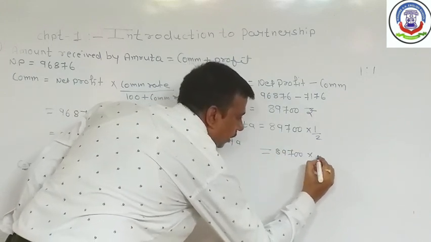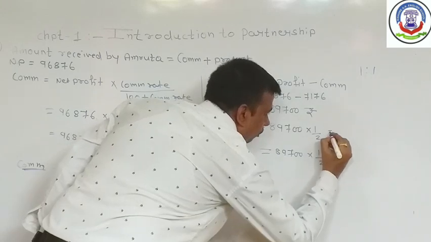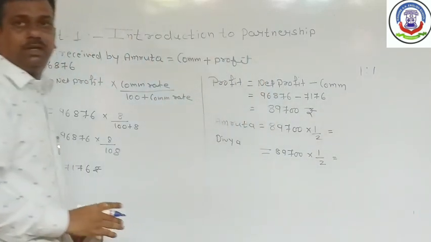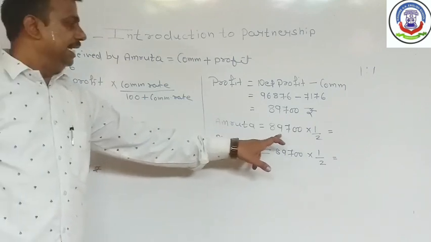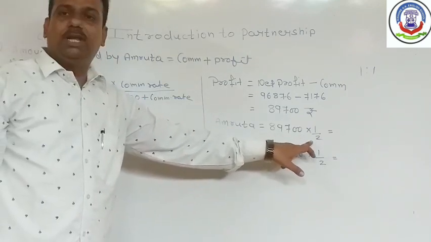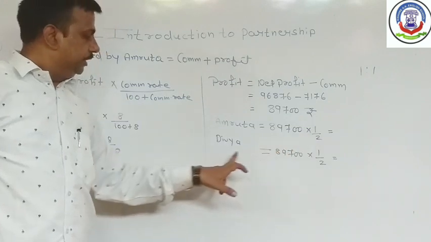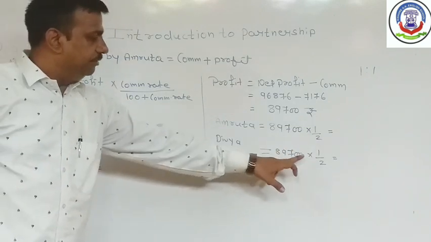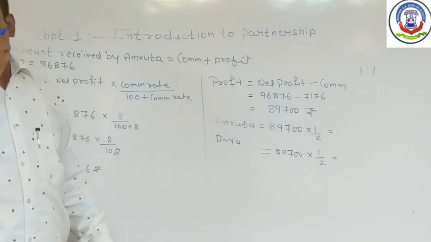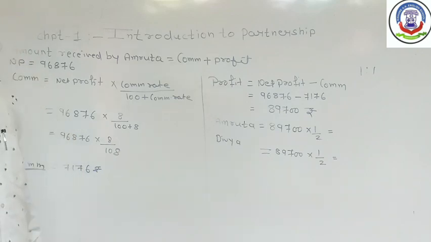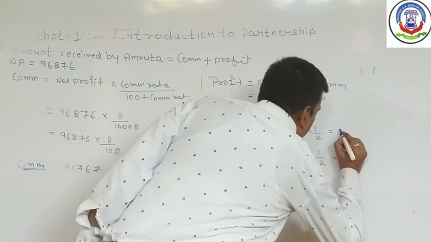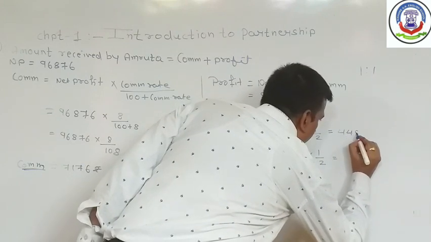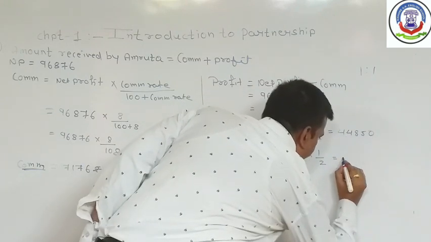Amruta's profit is 89,700 multiplied by 1/2, and the same for Divya. As per the calculation, the profit is 44,850 rupees.